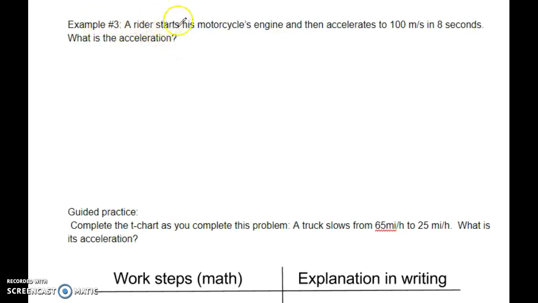For example number 3, our rider starts his motorcycle's engine. Okay, so that kind of gives you some information, and then accelerates to 100 meters per second. So if you see, there's only one speed, but this is going to be your final. So remember, we talked about this in your one journal entry. You are starting at 0.